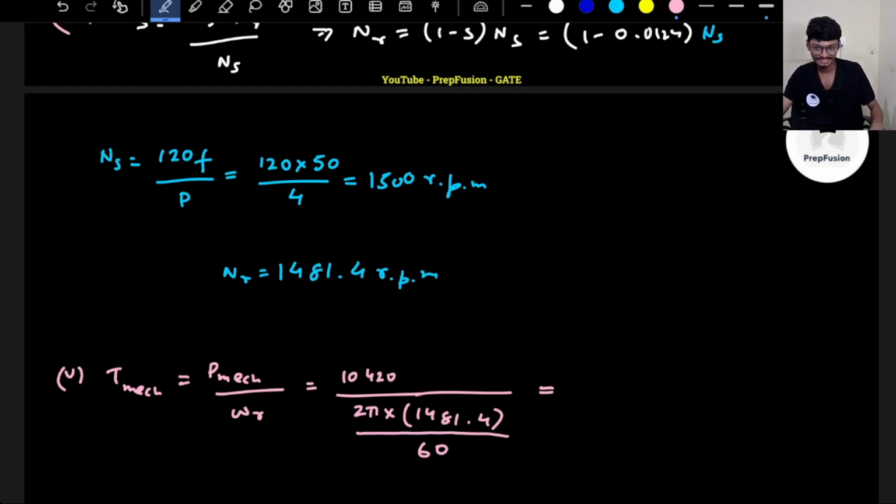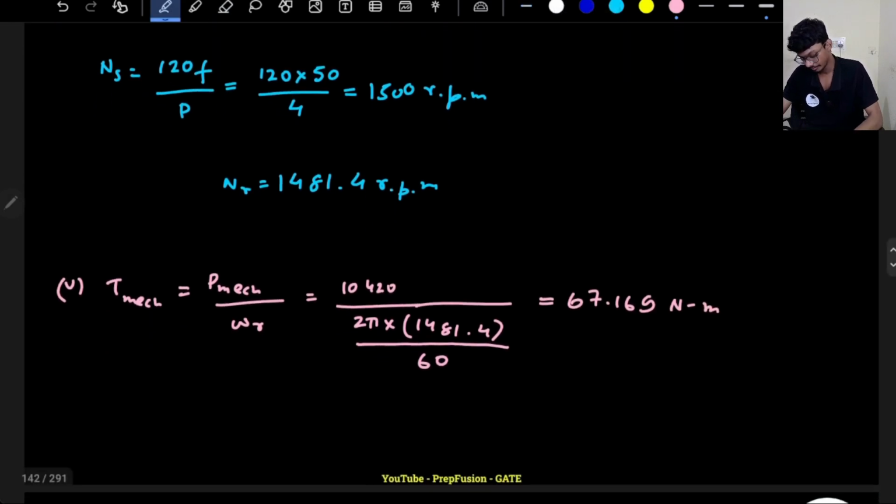So it comes out to be 67.16 Newton meters. SI unit is Newton meters. Now what is the shaft torque?